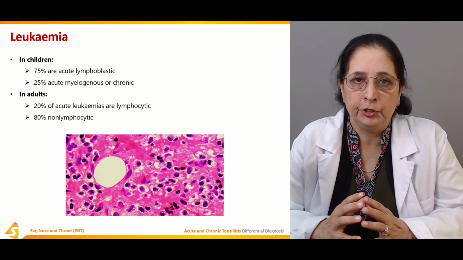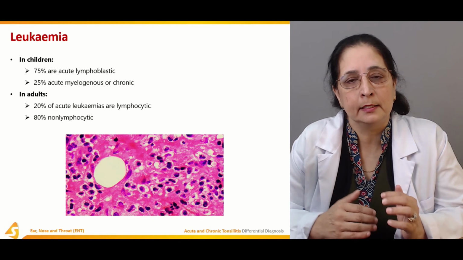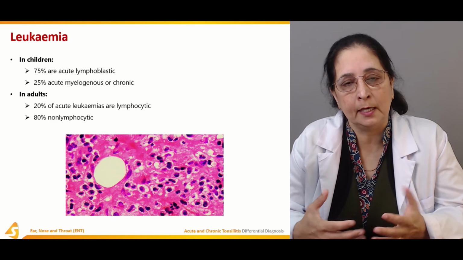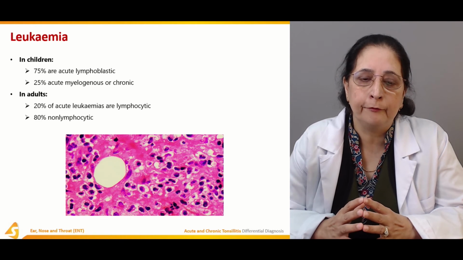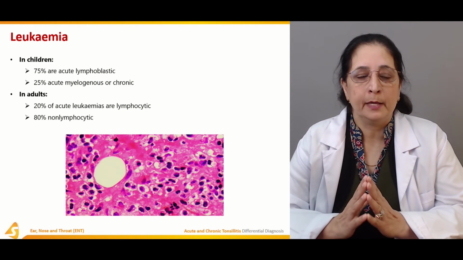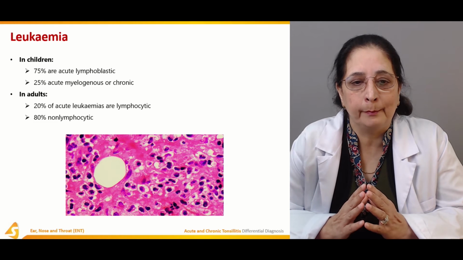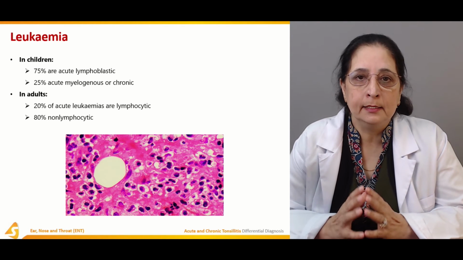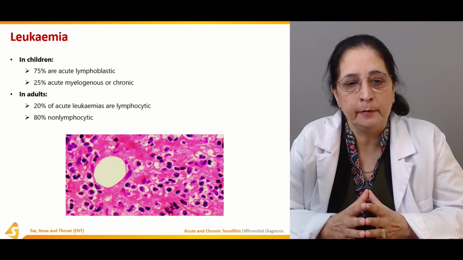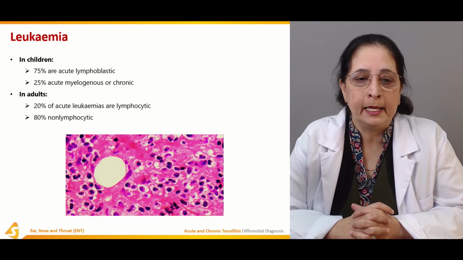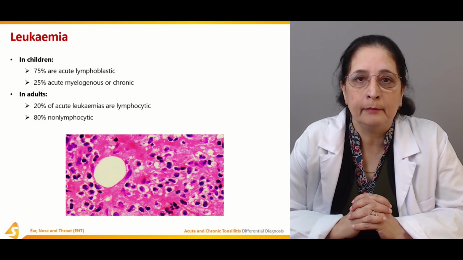So in children and adults, there is a difference in the leukemias. In children, 75% are lymphoblastic, 25% are acute myelogenous. In adults, 20% of acute leukemias are lymphocytic and 80% are non-lymphocytic.